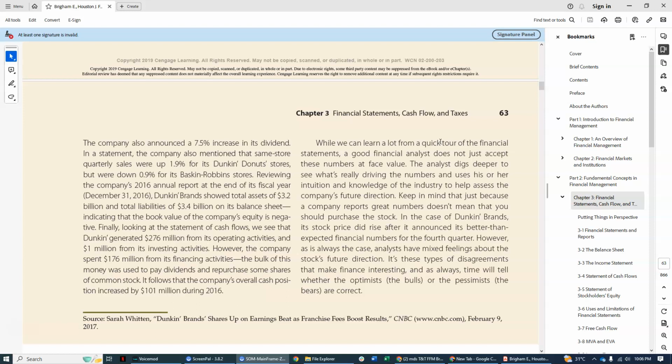That will give you a perspective of the future: from the past year to the current quarter, Dunkin' is doing well, but they were down with Baskin Robbins and some other companies within their group.